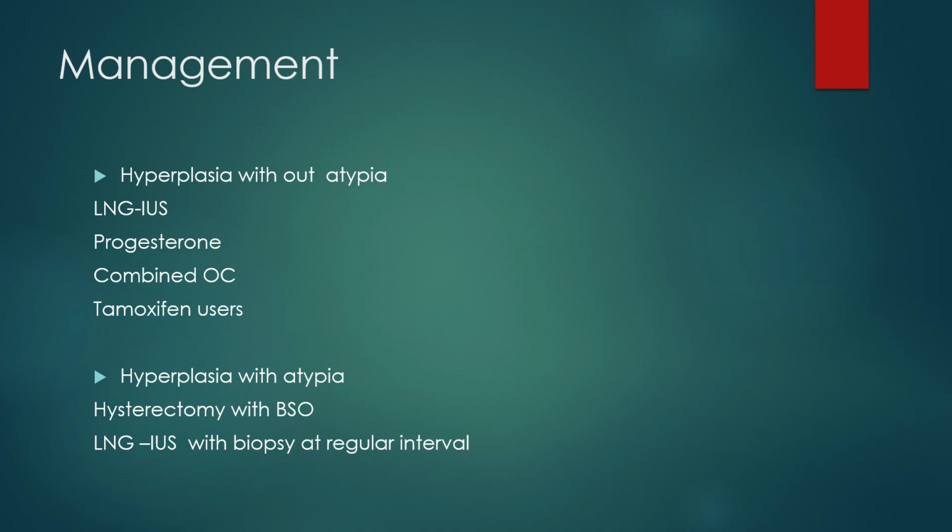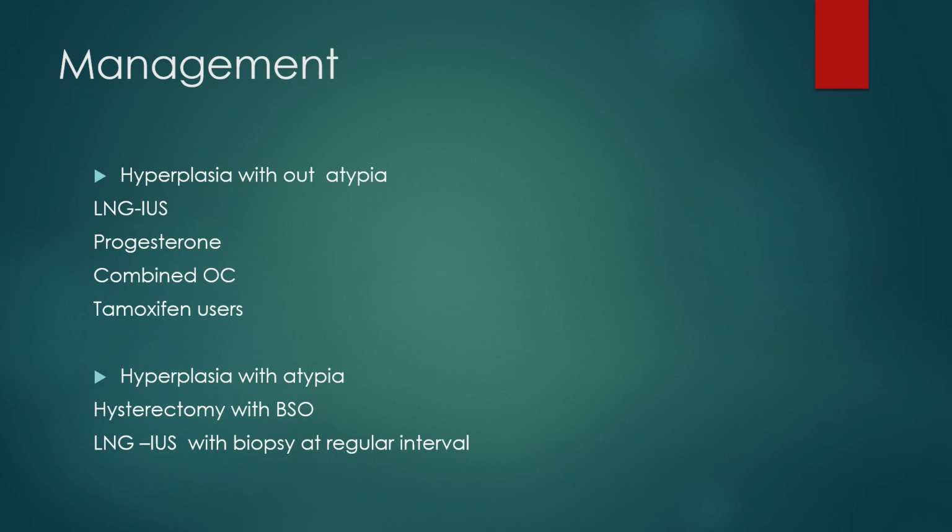We can also use progesterone, especially medroxyprogesterone 10 mg daily, which can be given cyclically or in the second half of the cycle, and should be given for a minimum of 6 months.